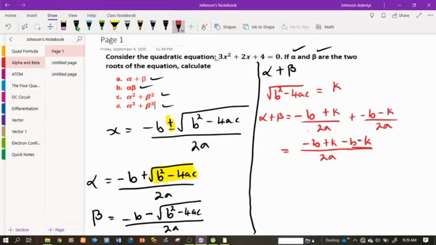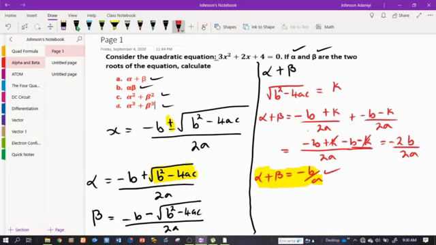Alright, so at the end of the day, the k will cancel the minus k, so this will be minus 2b divided by 2a. So finally our alpha plus beta is equal to minus b over a. So this is considered as the formula for the sum of quadratic roots.